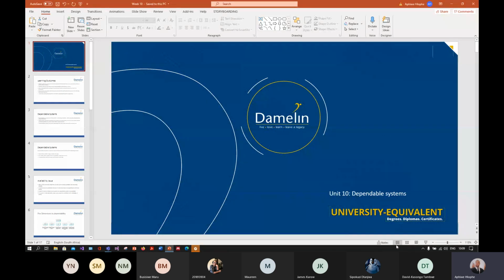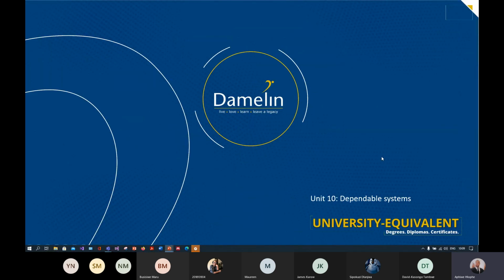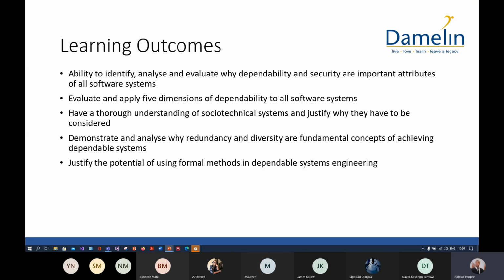Okay, so we are on Unit 10, and the topic is dependable systems. We will cover the following learning outcomes. Have an ability to identify, analyze, and evaluate why dependability and security are important attributes of all software systems. Evaluate and apply 5 dimensions of dependability to all software systems.